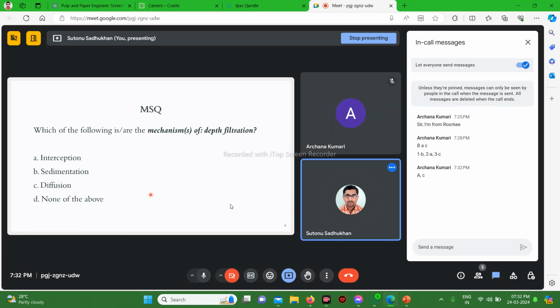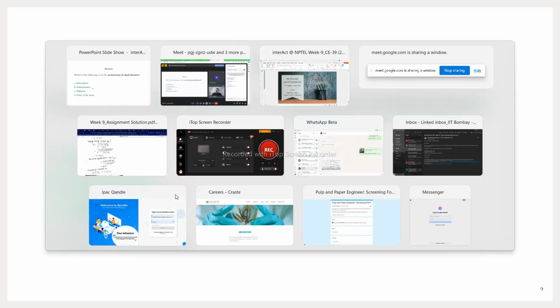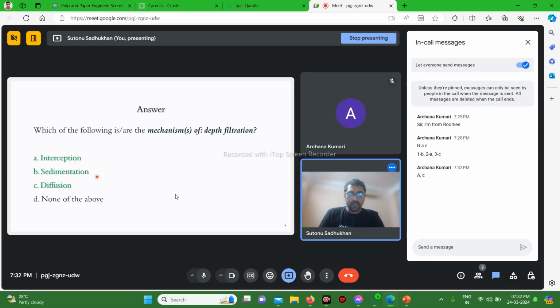Okay, you are saying interception and diffusion for depth filtration, right? Okay, let's see which was the correct answer. All of them, none of them is not correct. So whatever you have said is also correct.